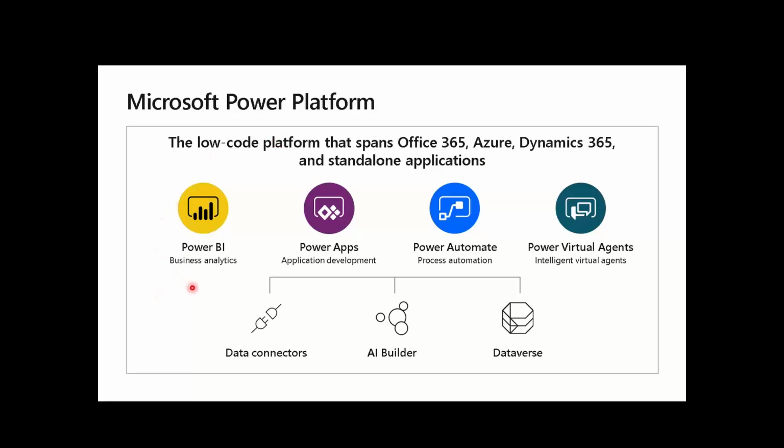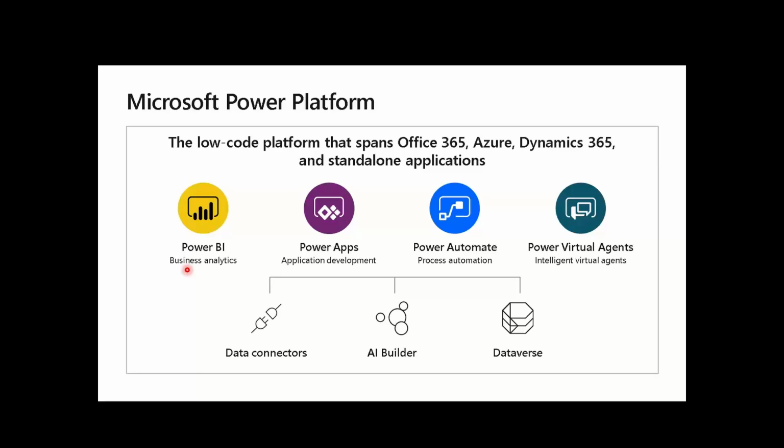The first application, Power BI, is basically the tool for analytics. Here we can build rich reporting and dashboards, which connect to different data sources. You can connect from Excel files, from SharePoint, from CRM, or from any database.